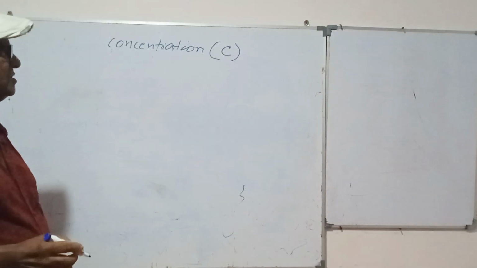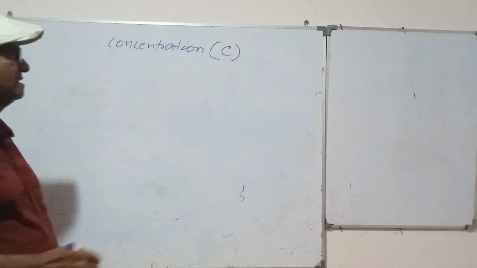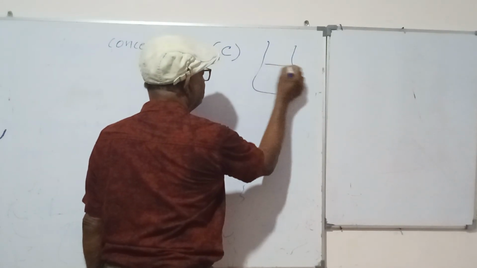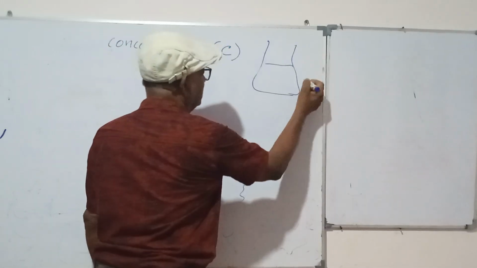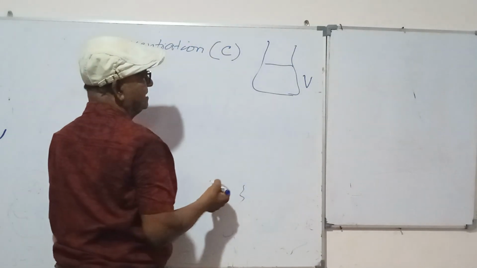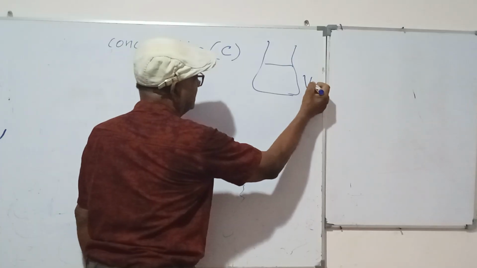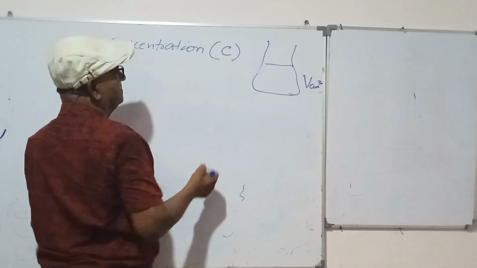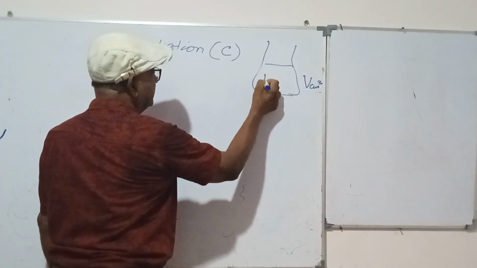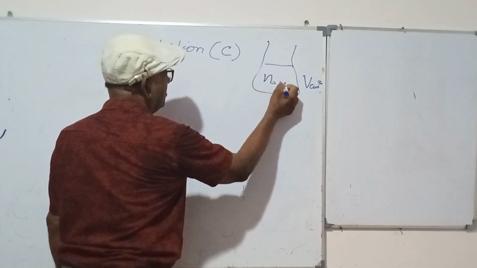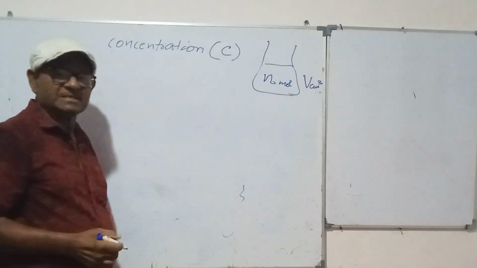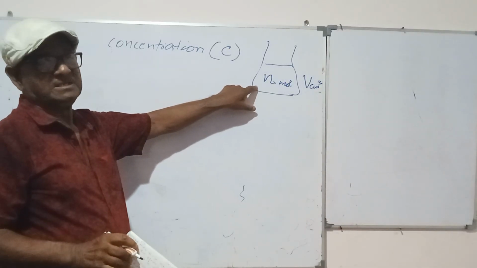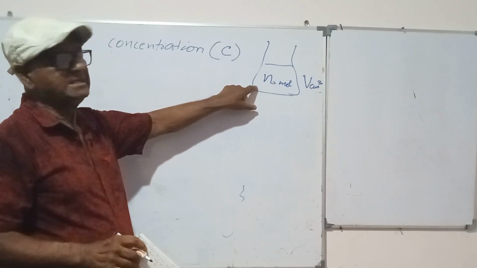So what do we mean by concentration? If we take an aqueous solution, if the volume is V cubic centimeters, and the number of moles is N of the solute, N is the number of moles of solute, the dissolved compound.